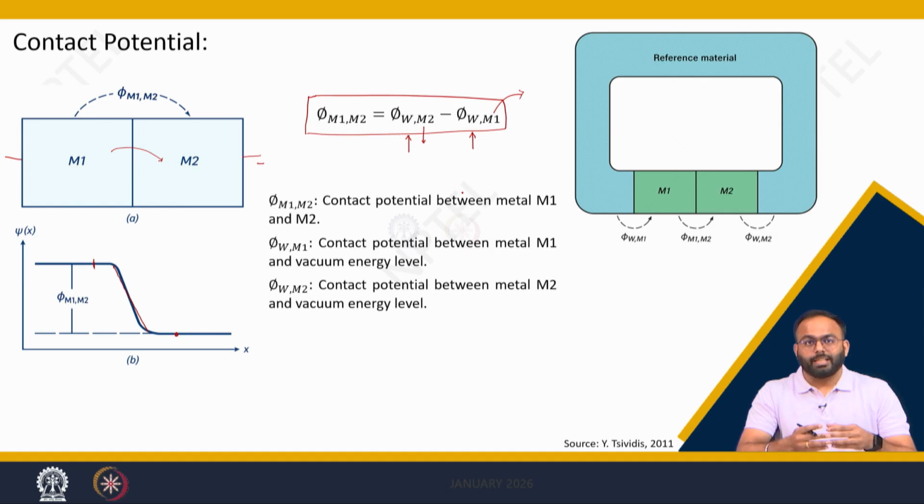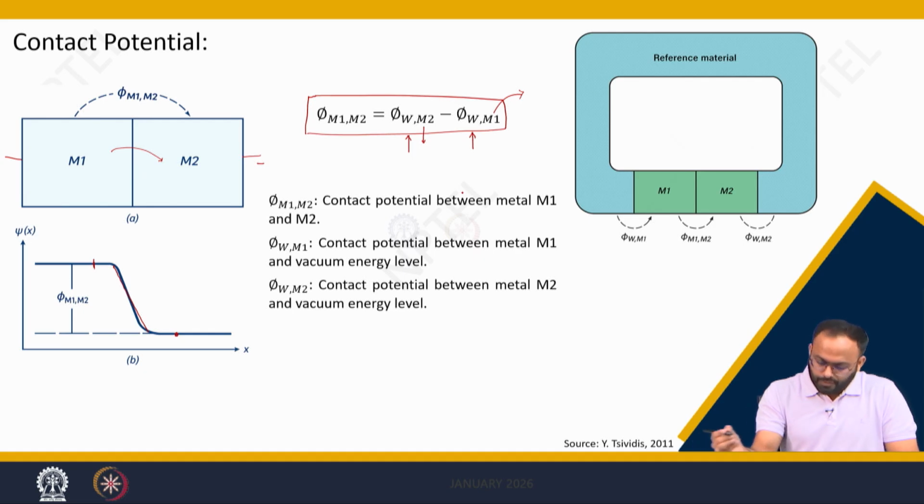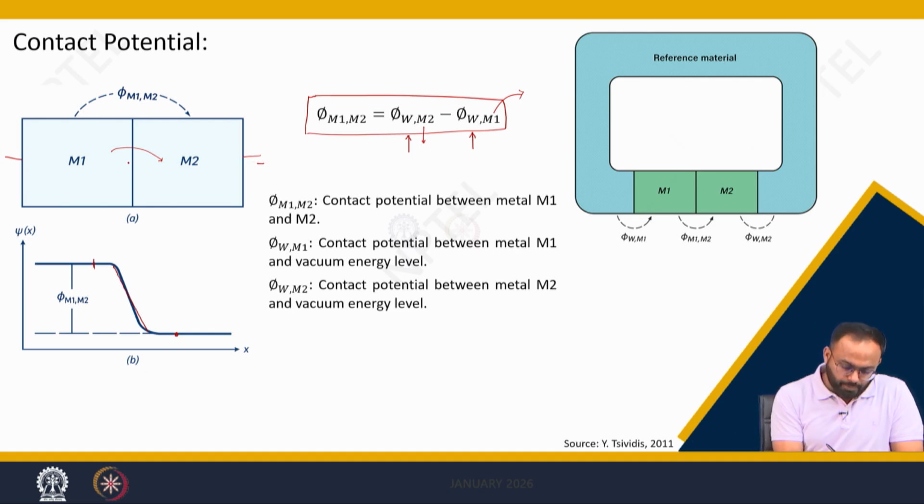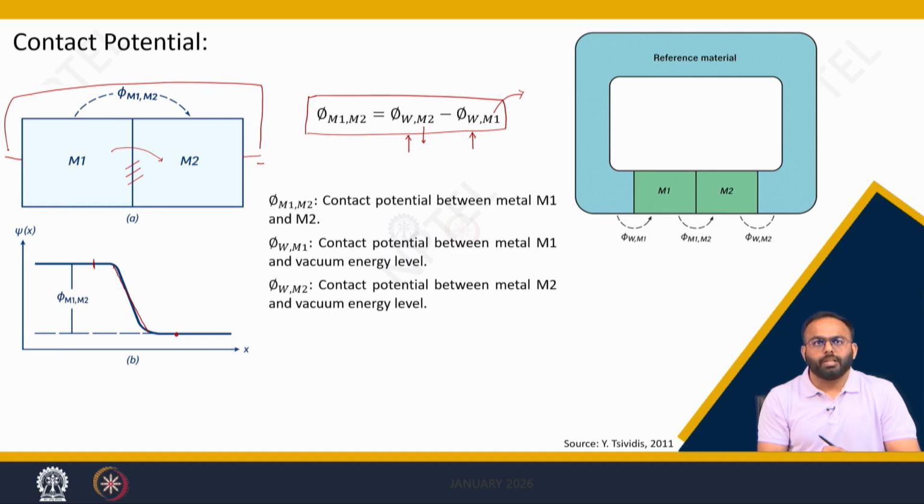Why am I saying material, not metal? Because it is not necessary that m1 and m2 can only be metal, it can be a semiconductor, and we will see this case. Before that, you have seen here that m1 and m2 are joined, there is a contact here, but this reference is air. So, is it necessary that this reference will always be air?